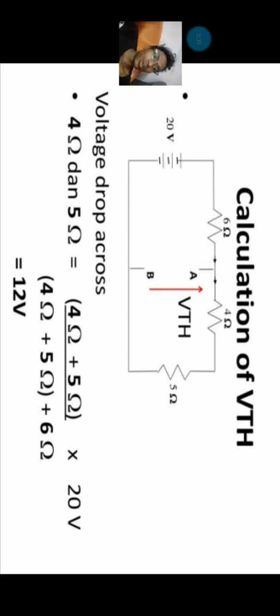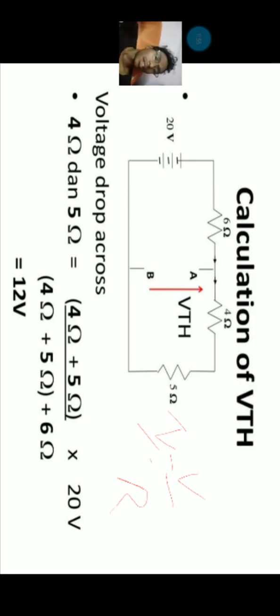So I is equal to V by R, where V is 20 and R is 4 plus 5, because 6 is open circuited and current does not flow there. Then 4 plus 5 is 9. 20 divided by 9 is 11.111, and we can approximate it as 12 volts.